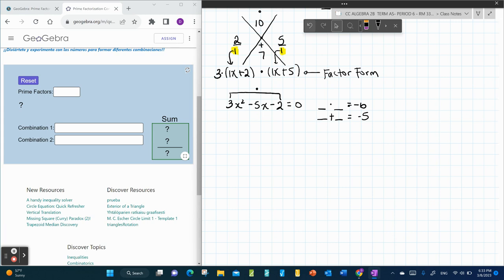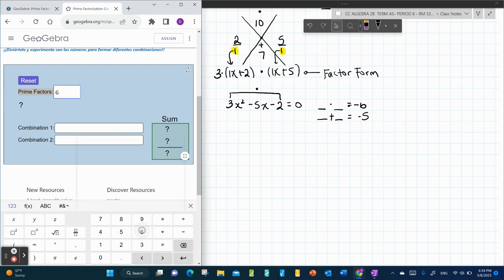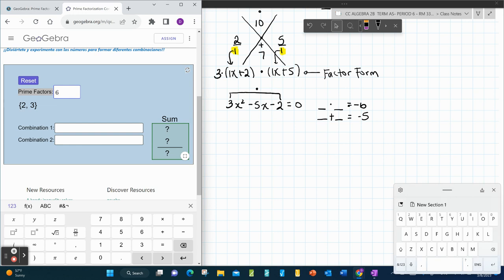So I notice that it's a negative 6 here. So look at what I'm going to try. I'll try here and put a 6 just to see what it does for me. 2 and 3 are my only choices. But something that I notice is I could also use 1 and 6. It just doesn't give me that choice. So look at what I'm going to do.